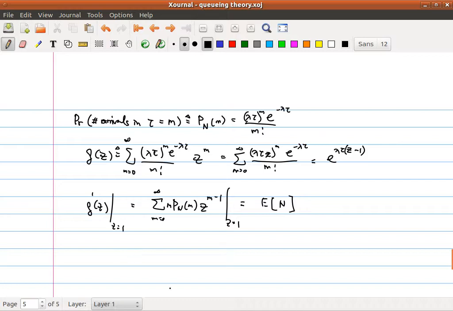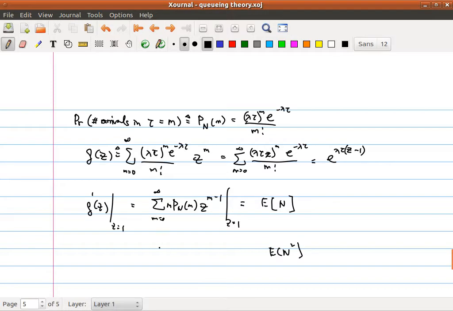And then similarly, I can take the derivative twice, but unlike the case for the continuous transform, I need to do something more, because if I take the derivative twice immediately, I will have m minus 1 going down instead of m going down. If I want to find the second moment, the expectation of n squared, then I better have m going down instead.